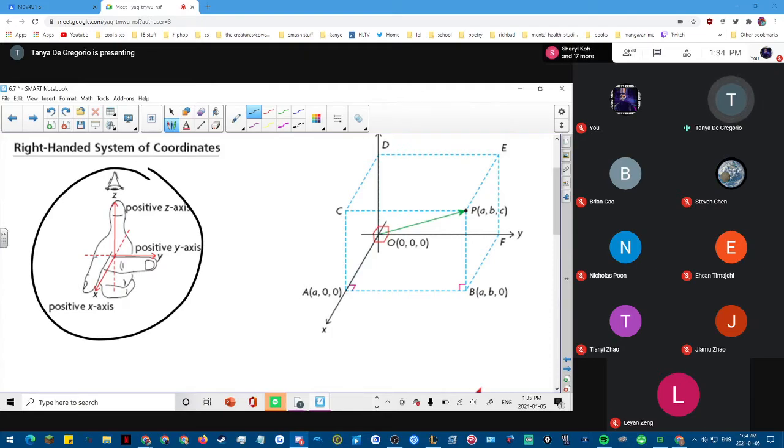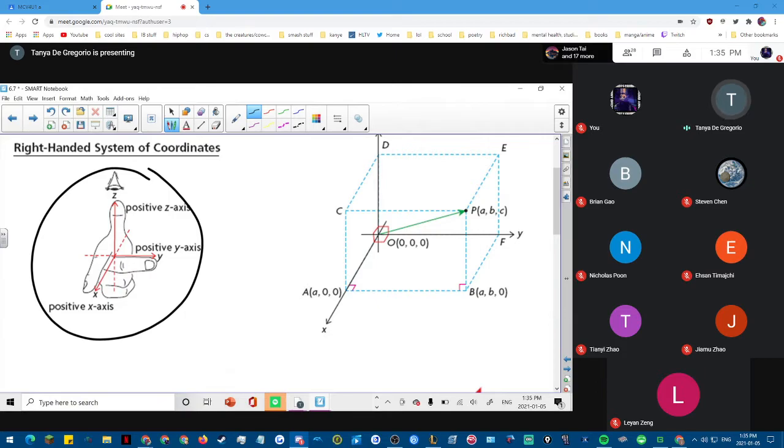The x and y-axes should meet at 90 degrees, and your x and z, and your y and z are also meeting at 90. If you had a piece of paper flat on your desk, that would represent your XY plane. Then you put a pen at the corner of the paper pointing upwards, and that would represent your Z axis. Hopefully you guys can picture that.